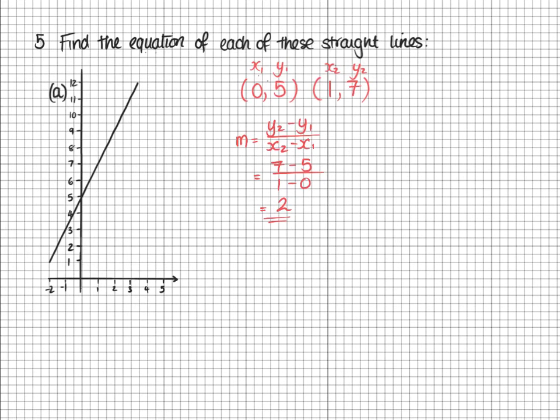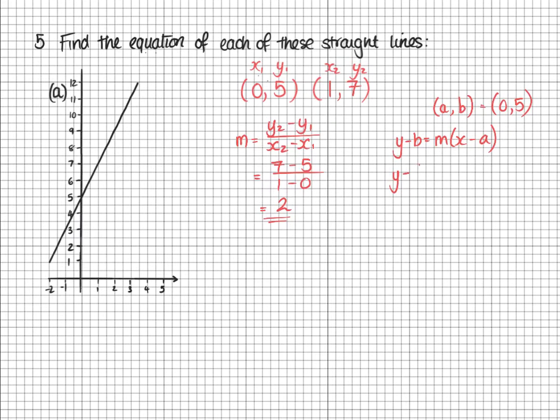So then we have y minus b equals m(x minus a). Again, pick our a and our b, and this time I'm going to pick (0, 5).